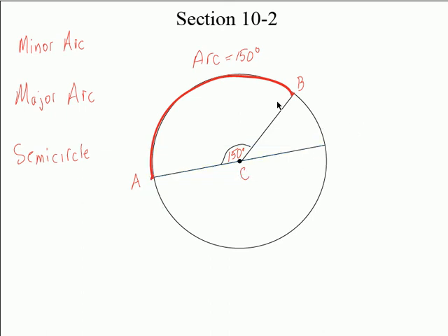All right, so we've got a diameter. From here all the way to right here would be how many degrees? 180. Okay, so a minor arc would be less than 180 degrees. So a minor arc is anything less than half a circle, okay?